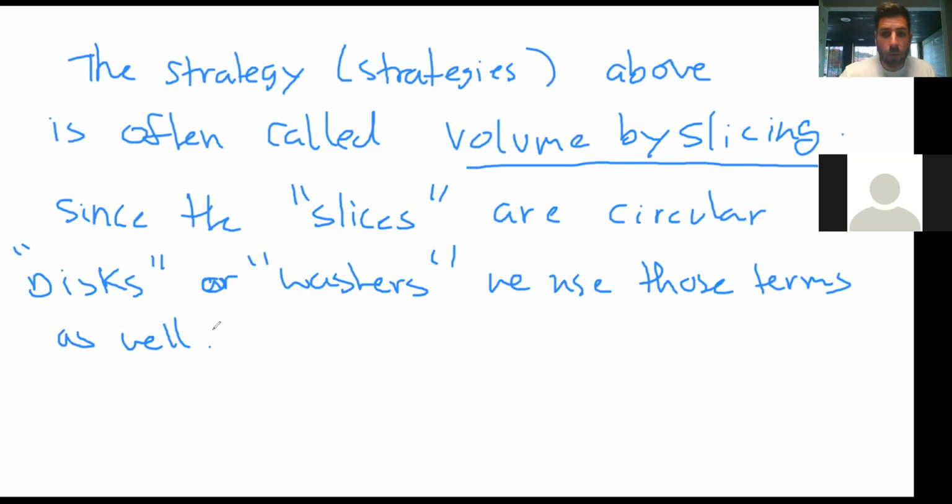Anyhow, let's do an example to see what these standard problems look like. Before I do that, though, does anybody want to ask a question? Cool. Okay. All right. So let's do an example.